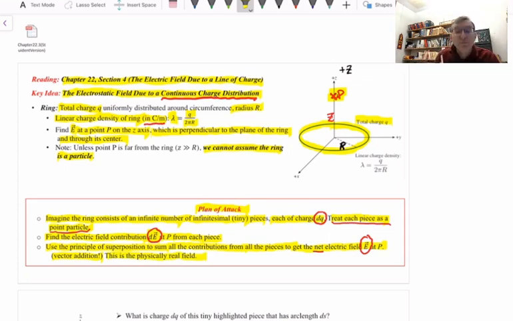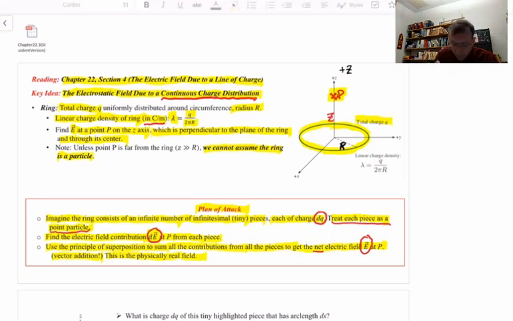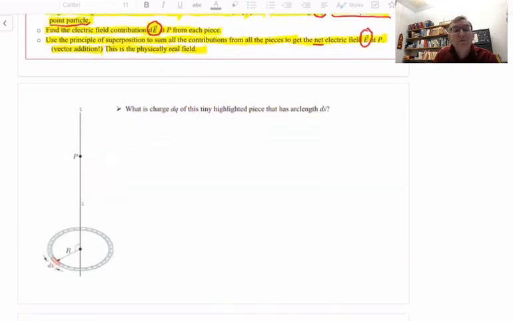All right, so let's start that process. That's just the plan. We've got to go through the steps. Here we go. First step, imagine the ring consists of an infinite number of infinitesimal pieces, each of charge dq. Treat each piece as a particle. There's the ring. See it again? It's been drawn from a slightly different perspective, but that's it. You can see little plus signs drawn around it to represent the smeared out uniformly positive charge.